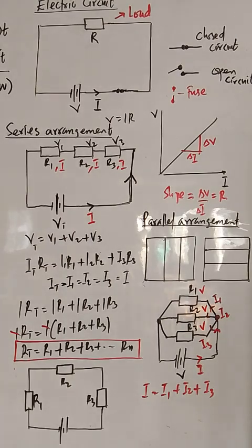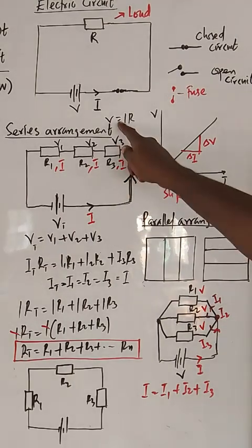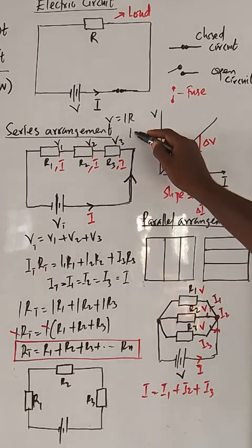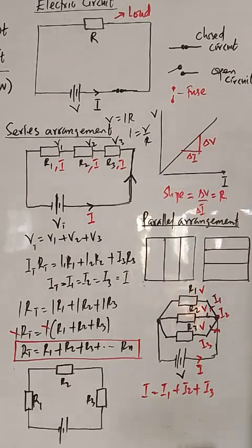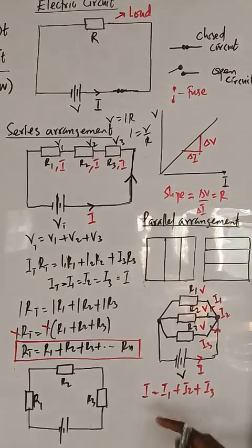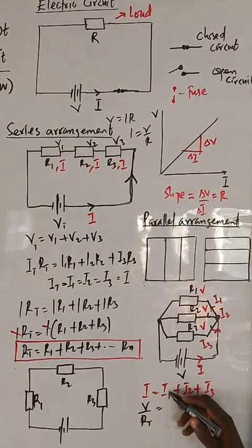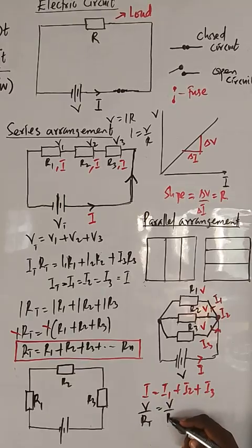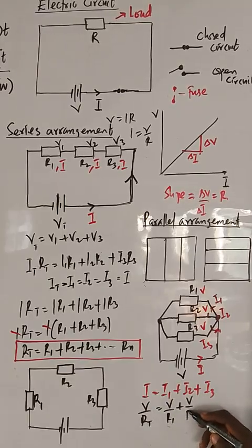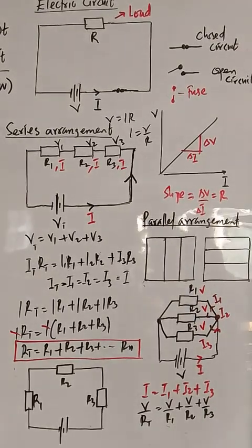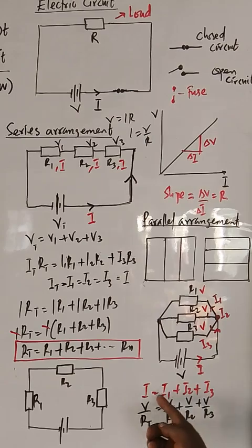Then from here, from Ohm's law, V is IR. If you make I the subject, I equals V over R. So you can come here and replace this I with what? V over what? Total R. Then this I1 is what? V over what? R1. I2, V over R2. V over what? R3. And as you can see, V is common all through. So we can bring out this V and everything can cancel out.